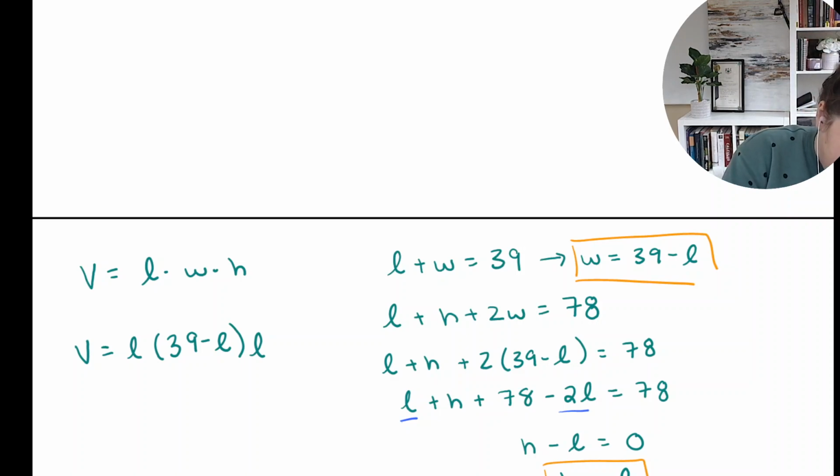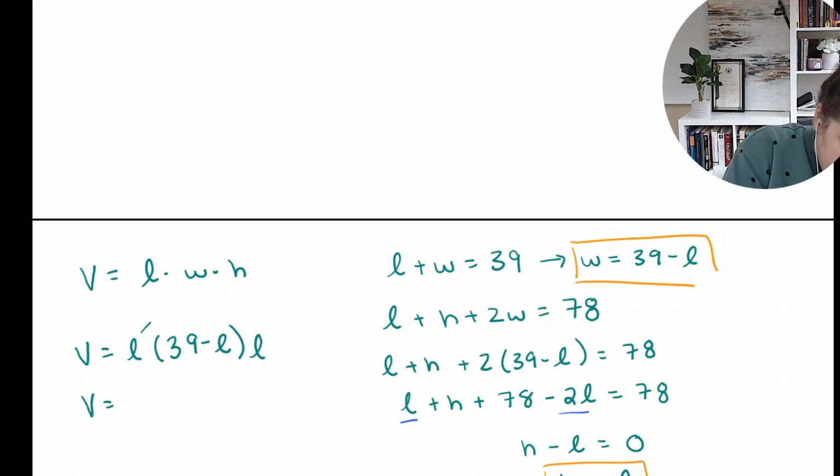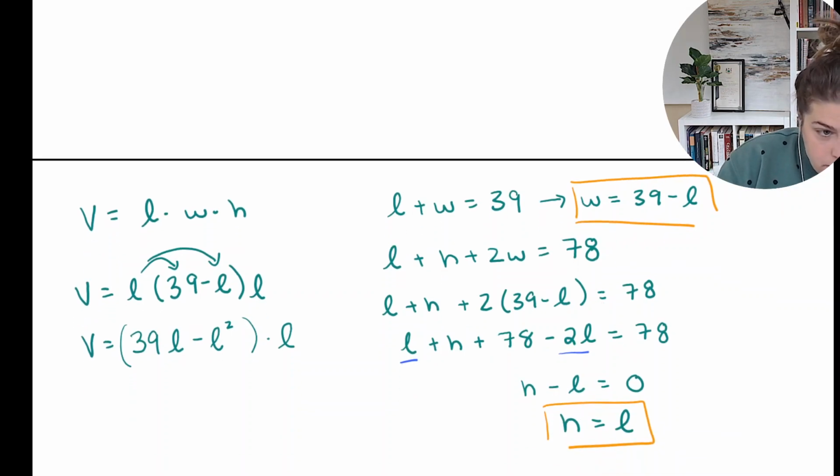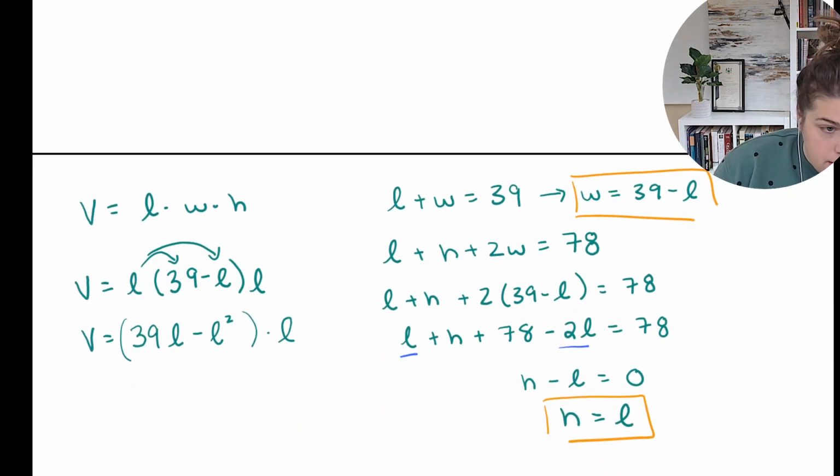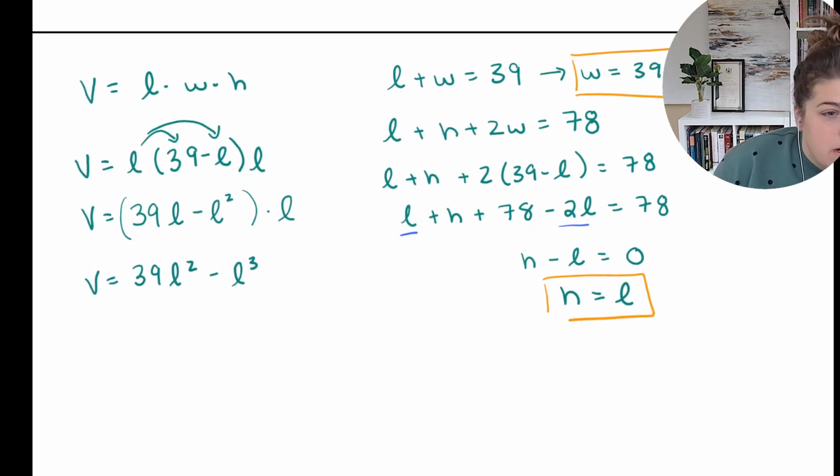So we end up with the volume, right? If we just multiply this one in first, we're going to have 39L minus L squared, all times L. And then we're going to end up with 39L squared minus L cubed.